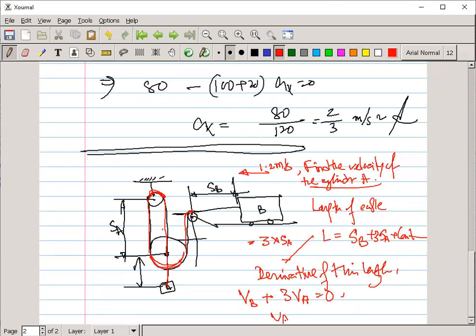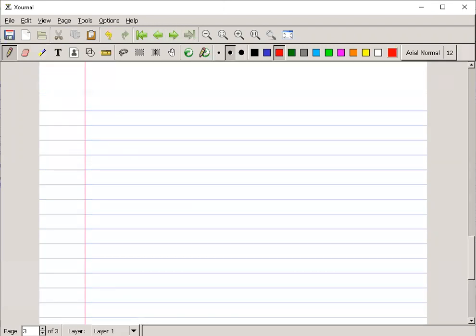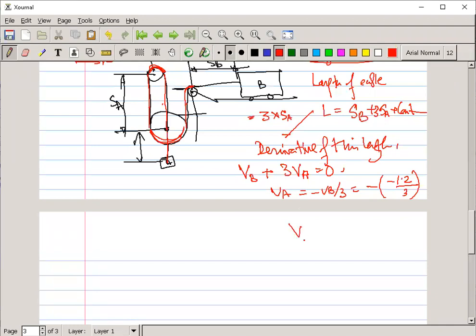So VA is equal to minus VB by 3, and as this is our axis x and y, motion in this direction means negative, so minus of minus 0.2 divided by 3 will give you how much? 0.4, right? So VA is equal to 0.4 meter per second, and if this moves leftward, this will go up, so this goes down. Finally this one moves in the downward direction.